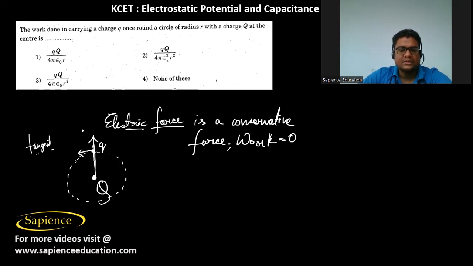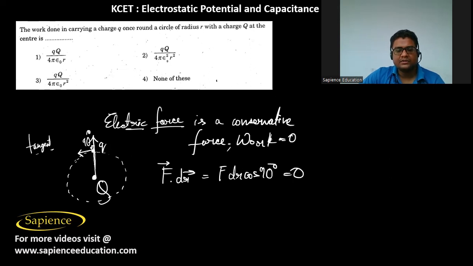So the angle between the force and the small displacement dr is 90 degrees. It will be F into dr into cos 90 degrees, which is 0.